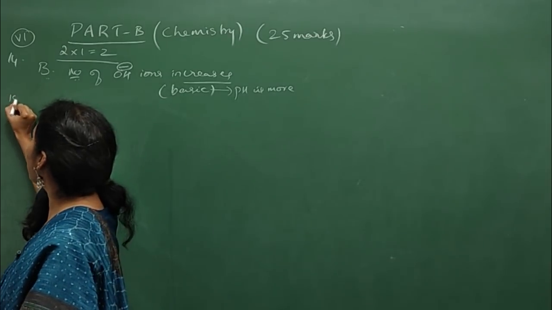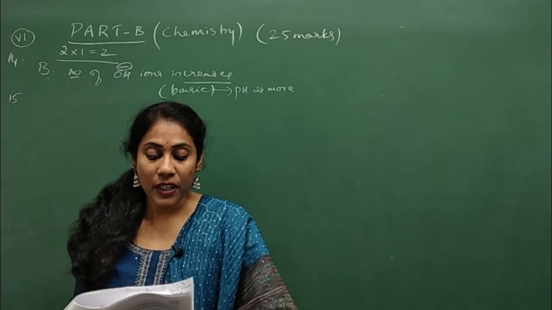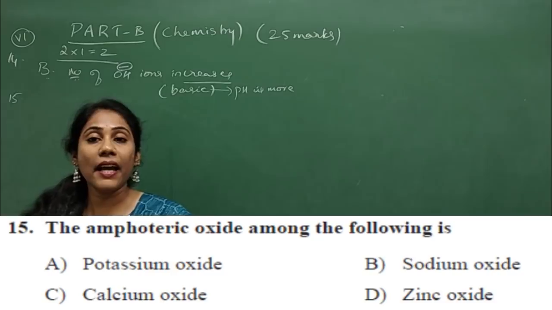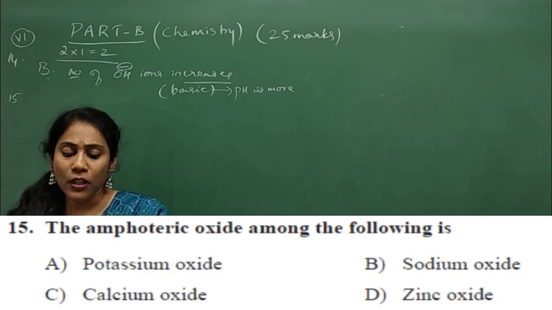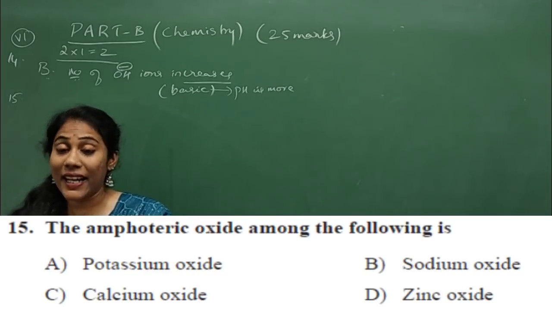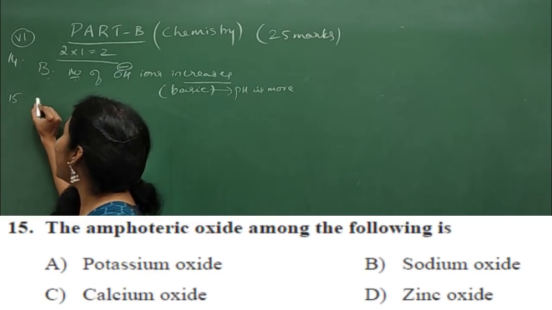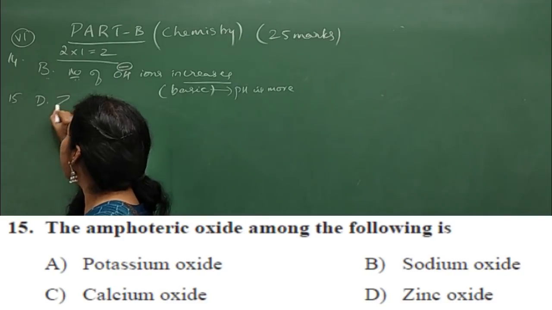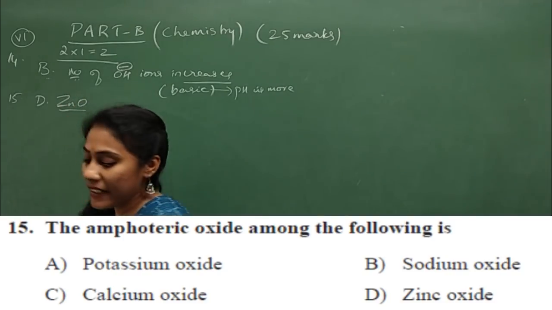Coming to the 15th question, a very simple one. The amphoteric oxide among the following is potassium oxide, sodium oxide, calcium oxide and zinc oxide. So definitely option D, that is zinc oxide, right?